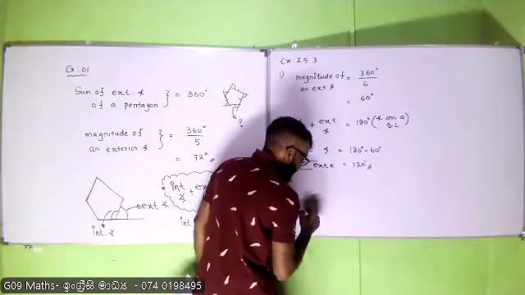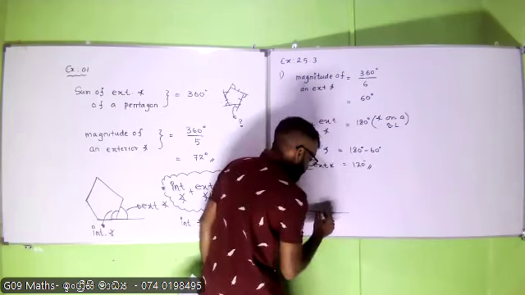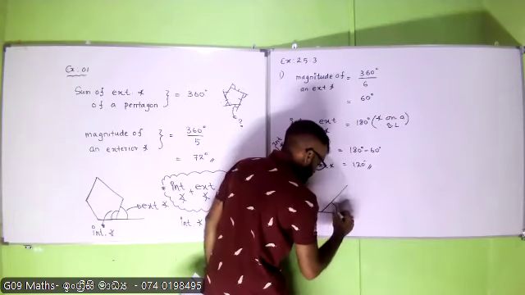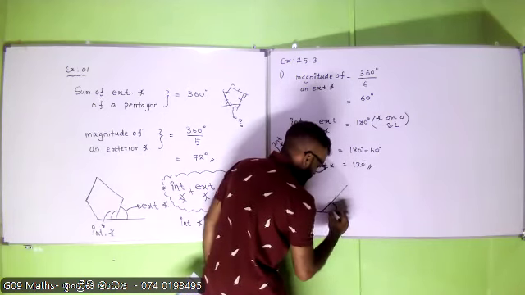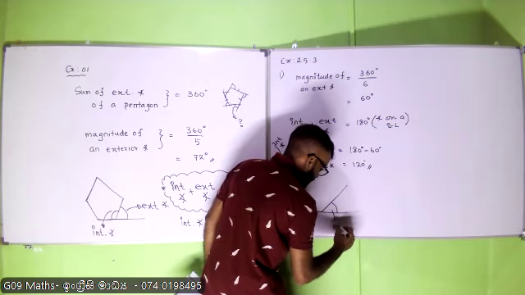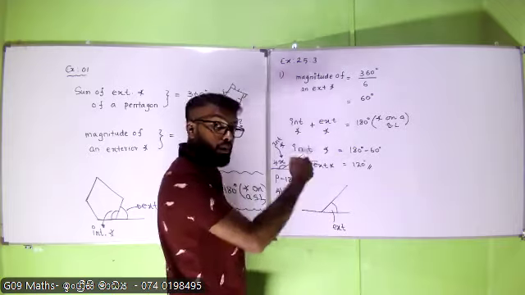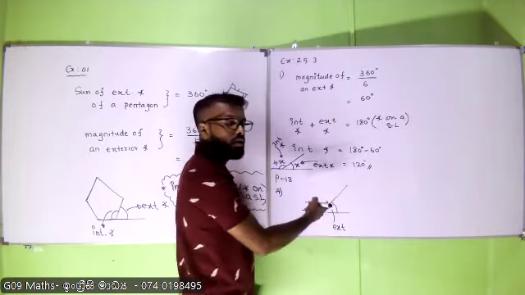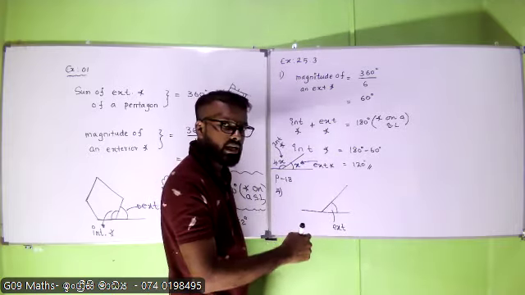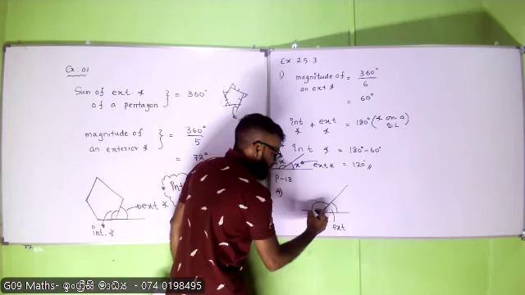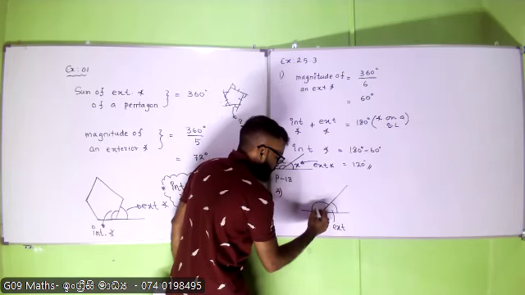So I will draw it here. This is the thing that you need to know. This is my exterior angle. If I take this as the exterior angle of my polygon, because both of them lie on the same straight line, and this is the interior angle of the polygon.